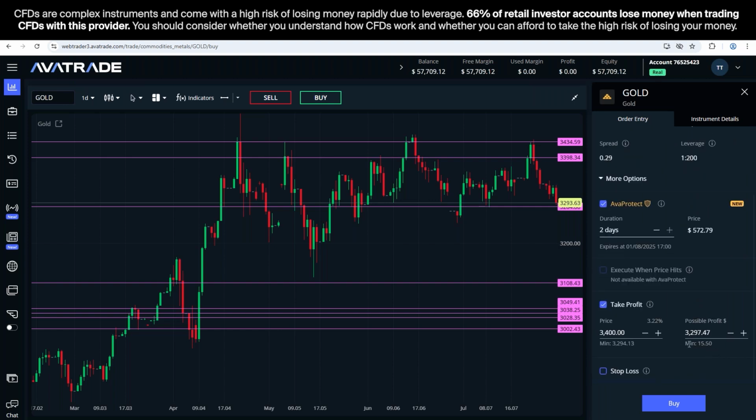My potential profit over 3,000, okay, 3,200 potential profit, and the cost of this protection less than $600. Okay, so we're talking much larger potential profit than risk. Trying to make 5-6% profit on my account and risking a little less than 1% to try and do that.